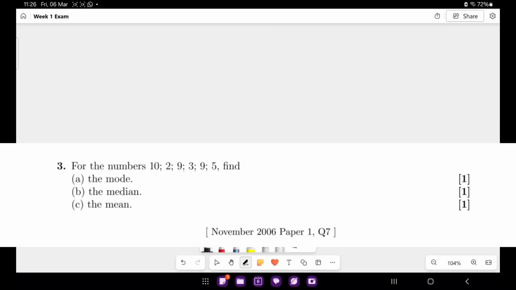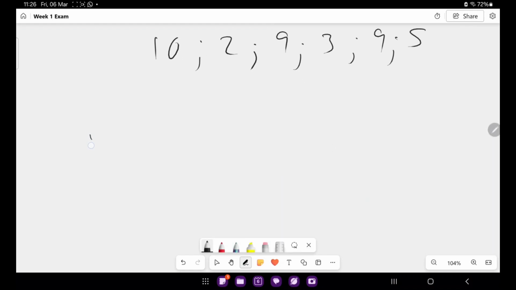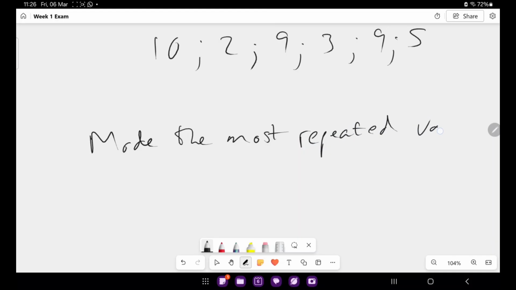For number 3, it says for the numbers 10, 2, 9, 3, 9, 5, find the mode. So when we talk of the mode, we're talking about the most repeated value or input.